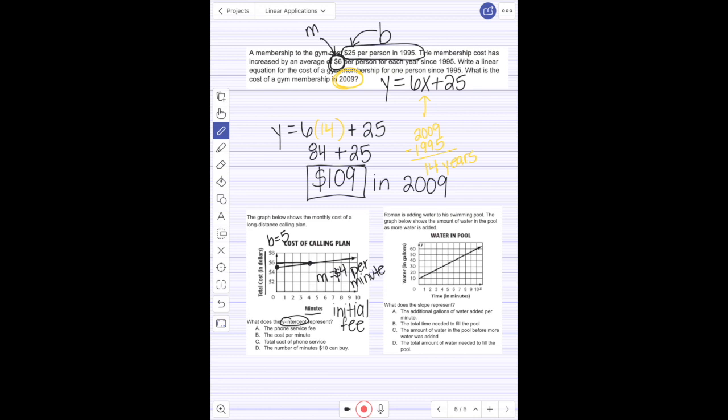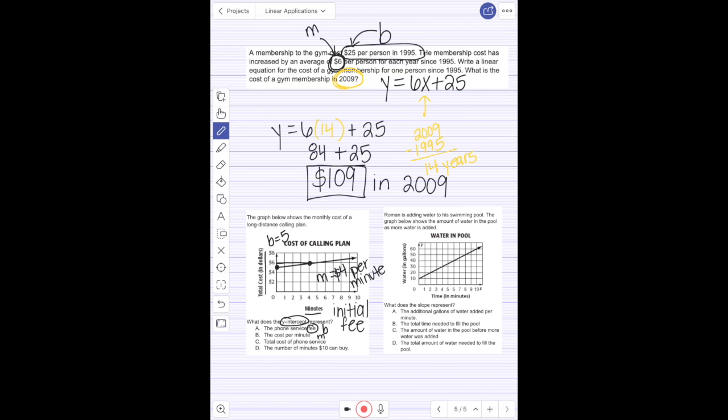So is the initial value the phone service fee, the cost per minute, the total cost, or the number of minutes $10 can buy? So when I look at this, the phone service fee. So the phone service fee, so there's your key word right there. The fee is going to be your upfront amount. That is going to be your initial value. That is your B value. The cost per minute, that's how much you're going to pay for every minute.